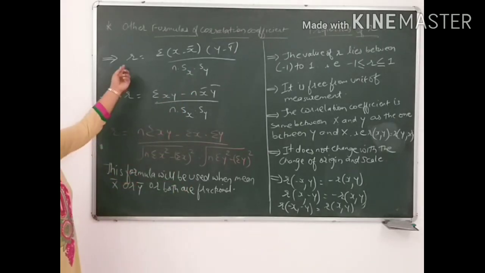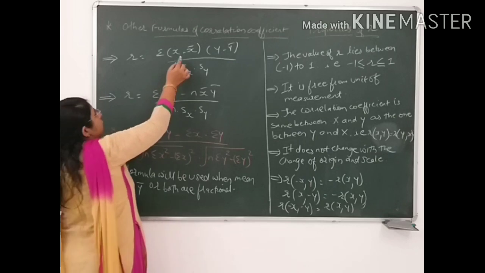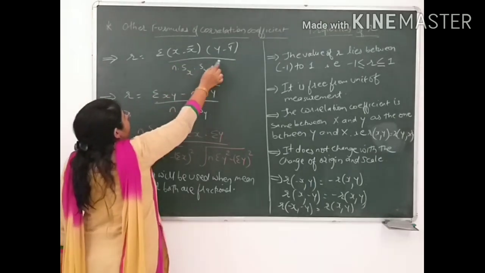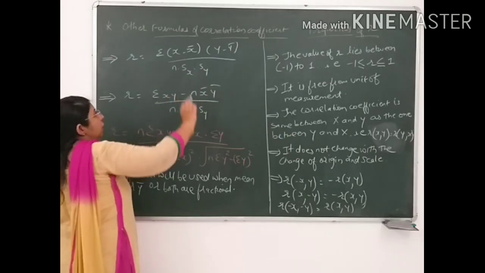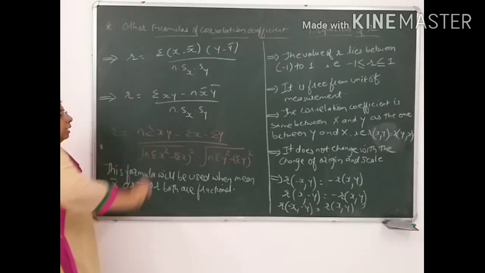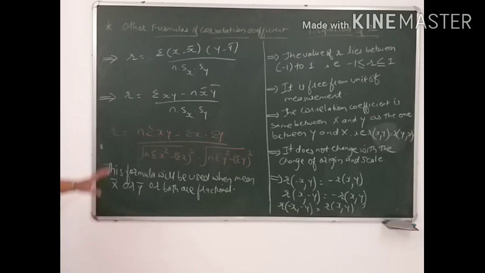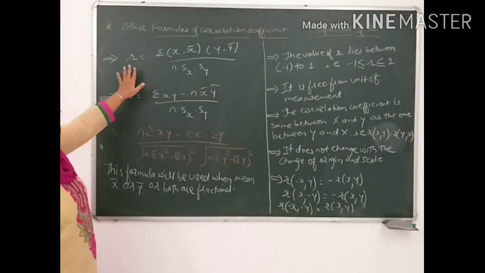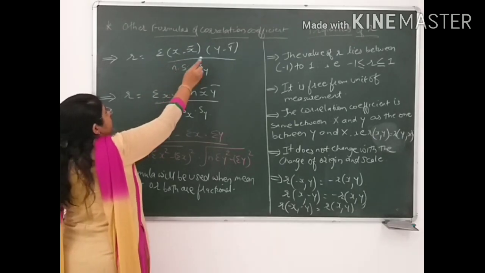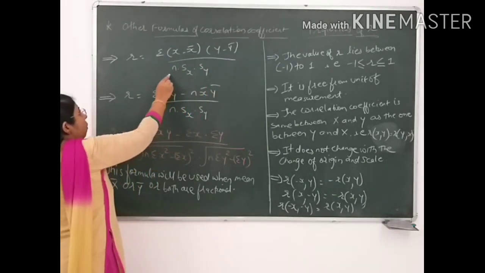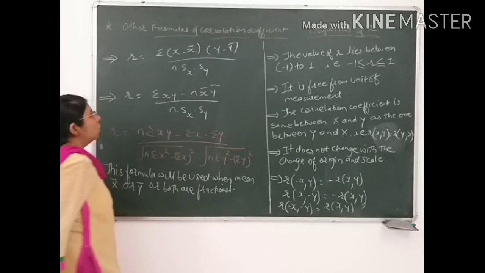This formula is to be utilized when in the question sigma x minus x bar, y minus y bar is given to you, the value of standard deviation of x, the value of standard deviation of y and n are given to you. In these situations, we can utilize this formula of r.